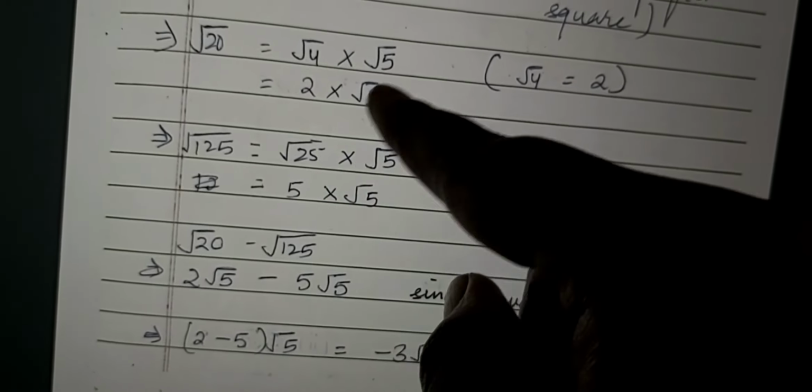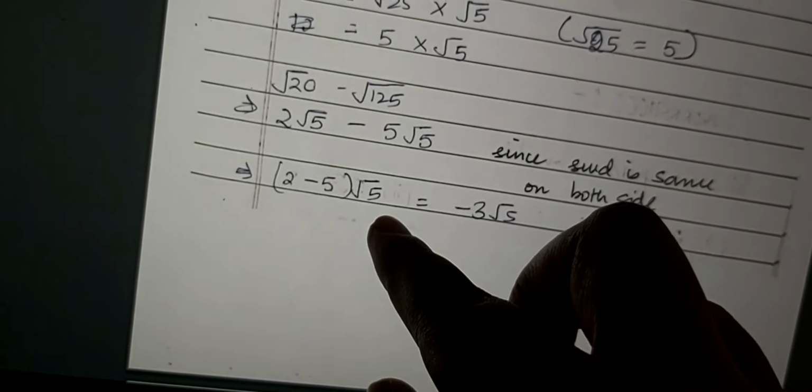Same for 125. If I remove the root of 25, what remains is 5 into square root 5. Now look, what do I have? 2 square root 5 minus 5 square root 5. Square root 20 I have simplified into 2 square root 5, and square root 125 into 5 square root 5.